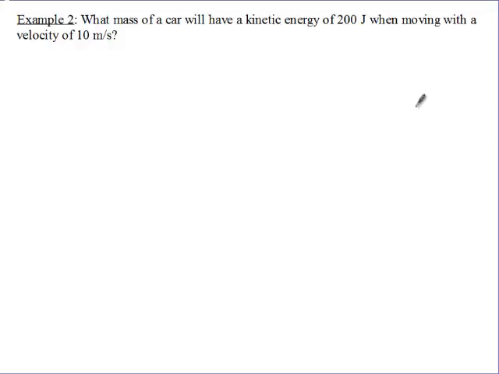Now let's see what we are given in the question. We're given kinetic energy to be 200. So KE is equal to 200 joules. Mass was not given, so M is equal to a question mark.